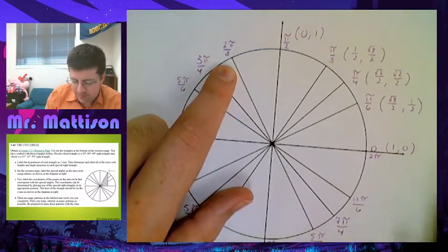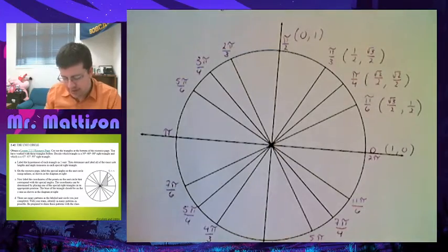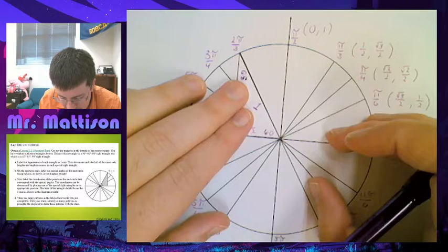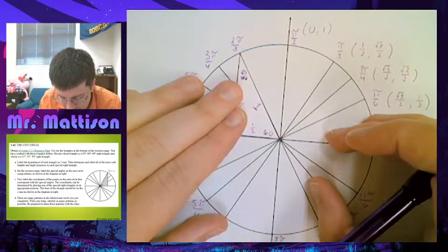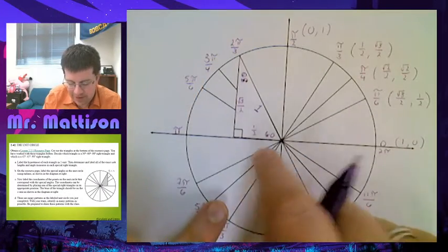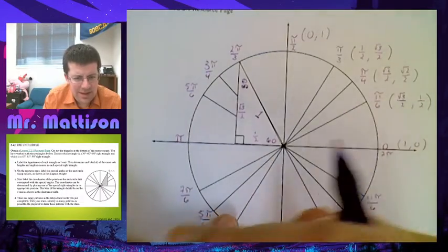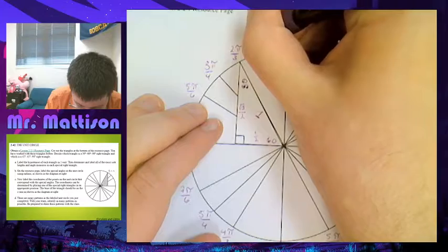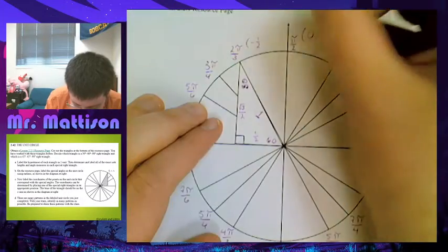Over here, I'm going to want to use my 30, 60, 90, and I'm going to want to do it like this. Right? So that is showing me my x value is 1/2, but hey, I'm going in this direction, so that's actually a -1/2.